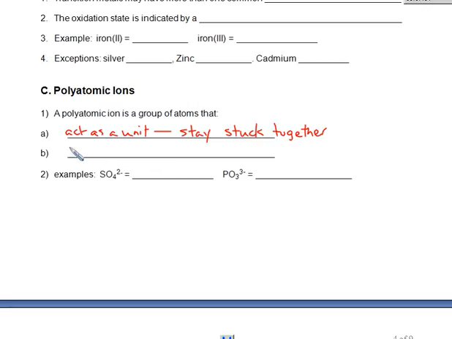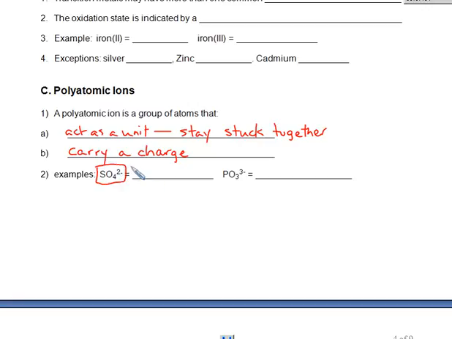And they carry a charge. So, for example, this formula means we have 1 sulfur, 4 oxygens, and the whole thing has taken on a -2 charge.